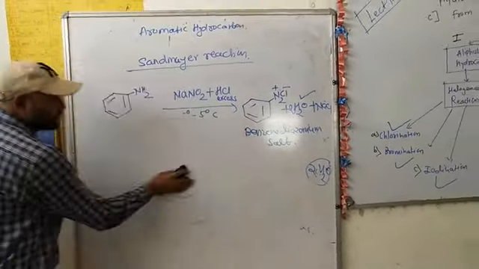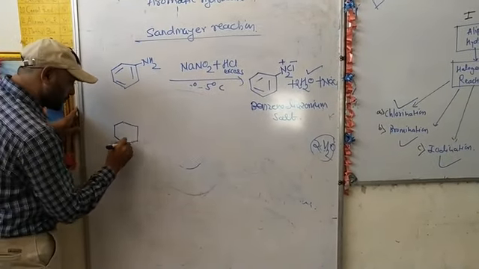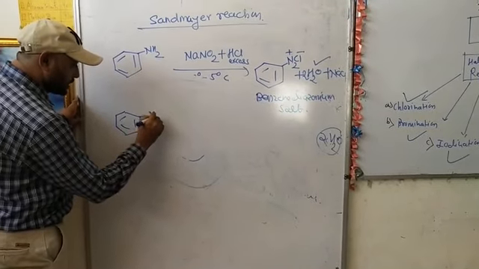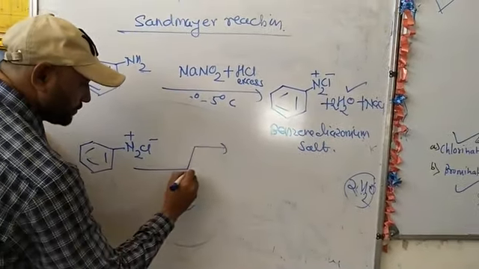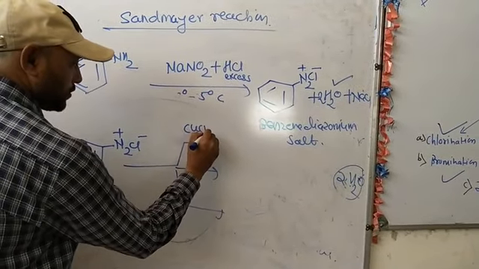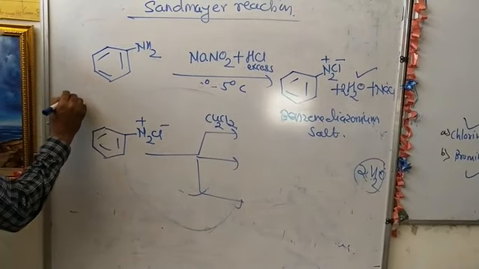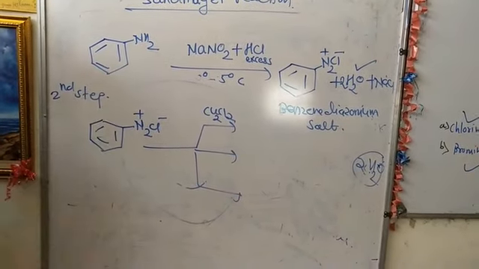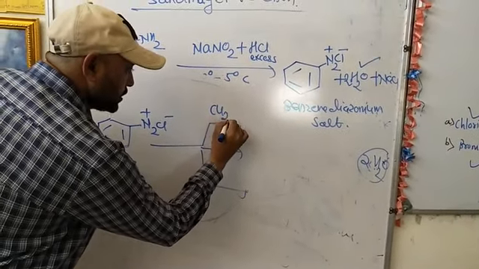Now this benzene diazonium chloride, in the second stage, is treated with cuprous chloride, Cu2Cl2.